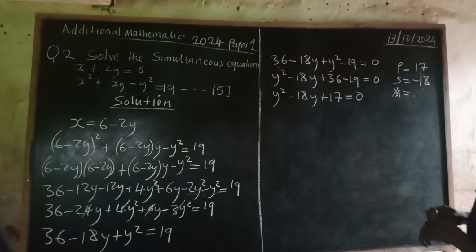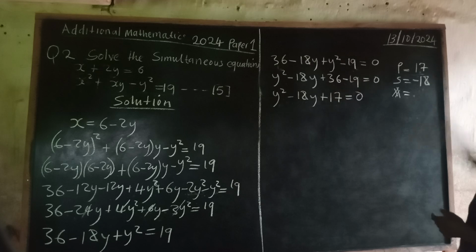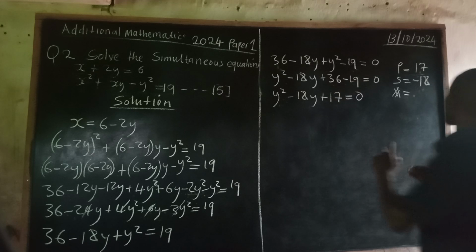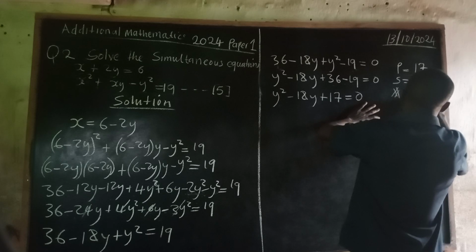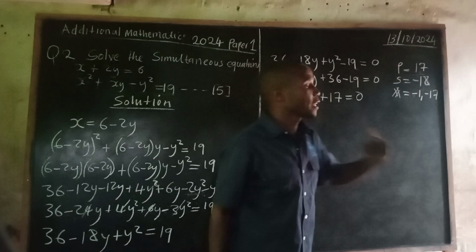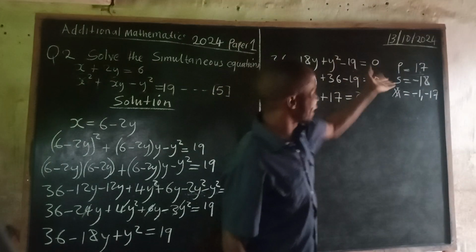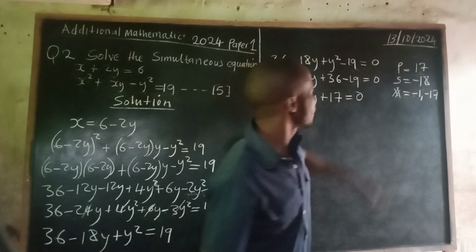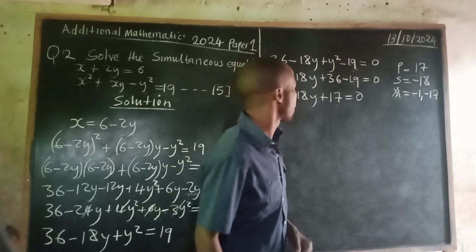Now, since when adding we are having negative 18, those numbers should be negative: negative 1 and negative 17. Because when you multiply negative 1 times negative 17, the answer is positive 17. Then when you add negative 1 plus negative 17, the answer is negative 18. So these are the factors which we are supposed to use.